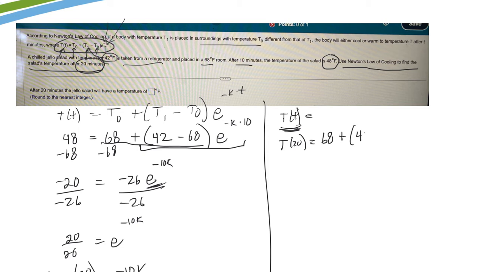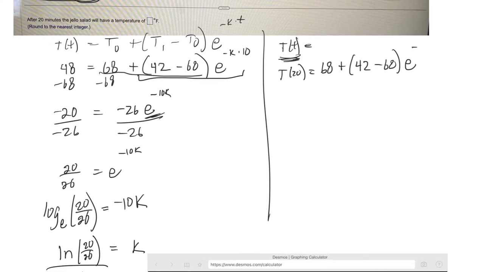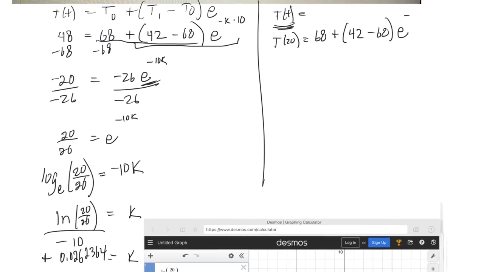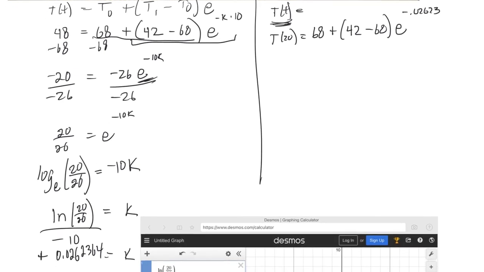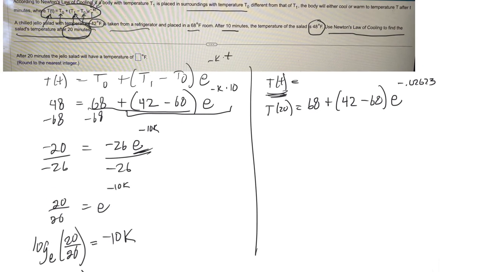It comes out of the fridge at 42, so 42 minus 68, e to the negative, but this time I know what k is. My k is 0.0262364 times the time, which this time is 20 minutes.